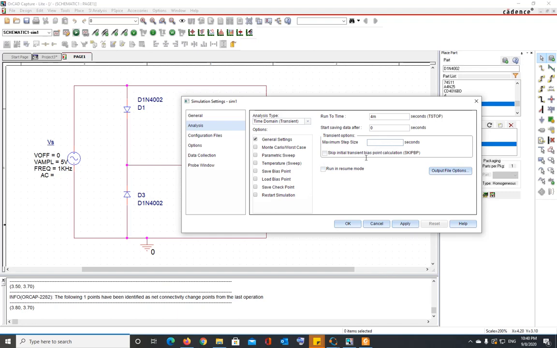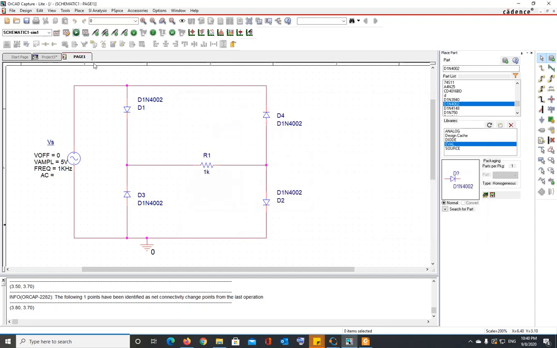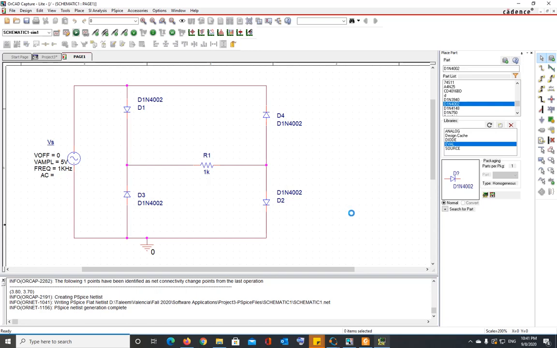You will have enough points so that your curve is going to be very smooth. So I'm going to take 1/100th of 1 millisecond, 0.01 millisecond. I'm going to apply this, and okay. All right, so I'm going to go ahead and run this simulation.